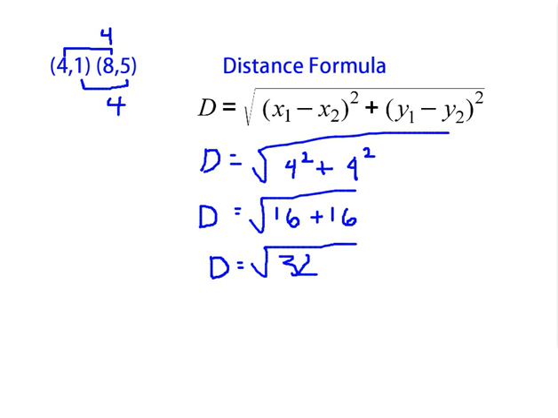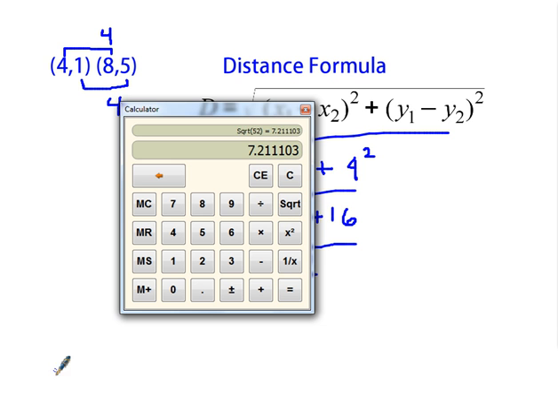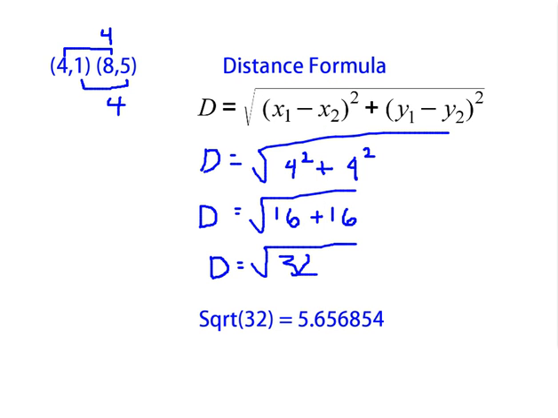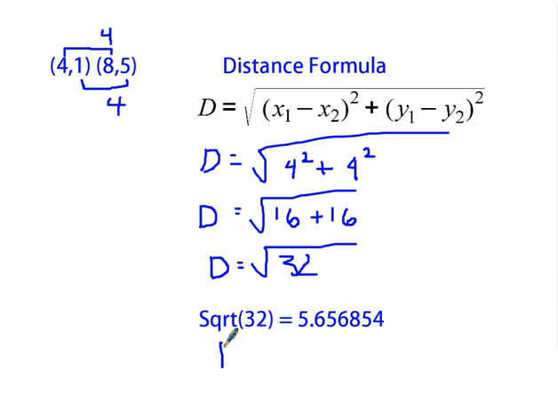And again, I need my calculator. The square root of 32, and so d is equal to 5.7, which I would round to 5.7.